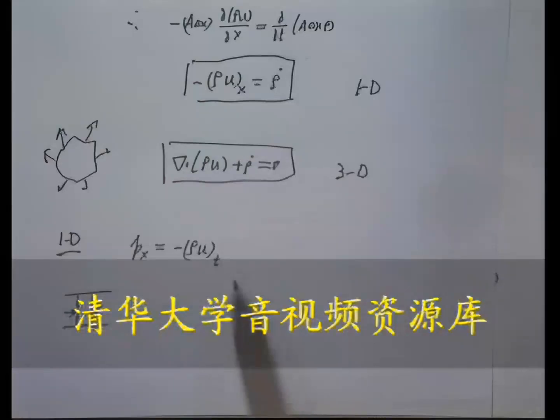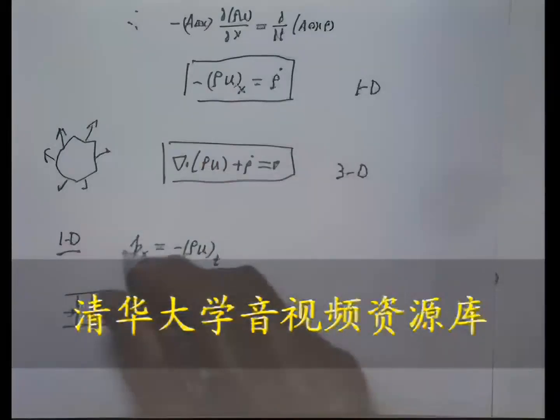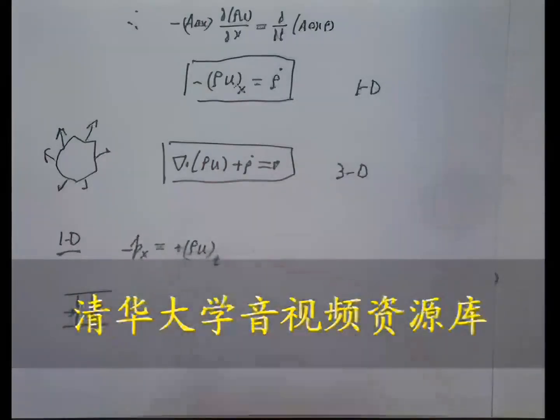So this equation merely says the net force on this sheet is minus p_x. Because if the pressure on this side is larger and on that side smaller, the net force is negative.